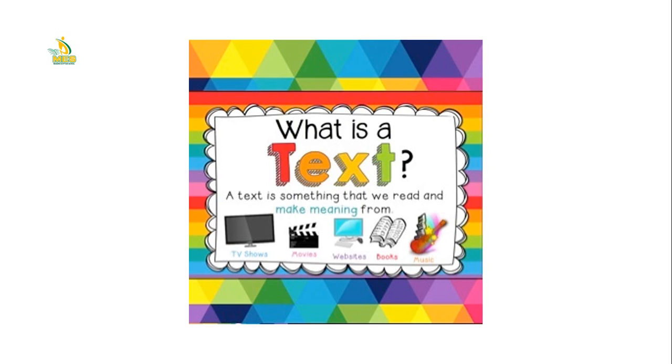TV shows, movies, websites, books, and songs can be considered as texts. They are texts because we read them, or we watch them, or we listen to them, and we make meaning from them. Do you remember?